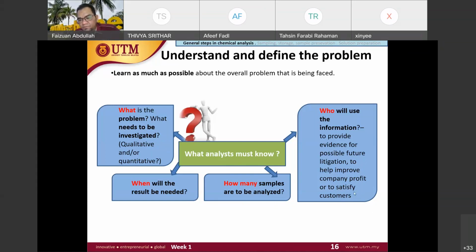For example, industry, right? If, for example, as a chemical engineer, you work in the paint industry, you produce paint, right? Okay, and then you need to do quality control, right? You need to make sure that the quality of the paint is always controlled.